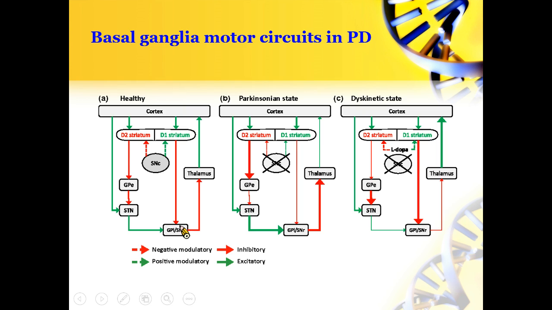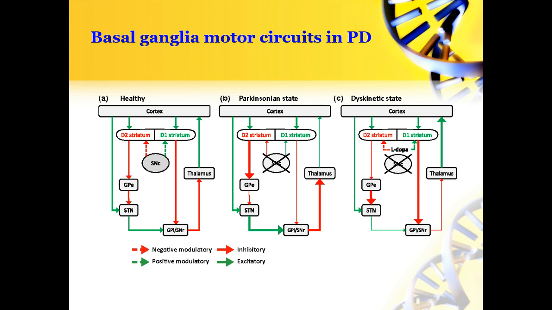In healthy condition, GPi output is modulated by competing influence from both direct and indirect pathways. In Parkinson's disease, death of substantia nigra pars compacta dopaminergic neurons results in overactivity in the indirect pathway and underactivity in the direct pathway, leading to heightened GPi output.